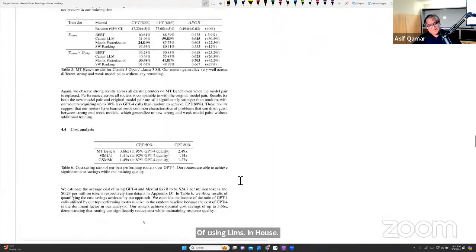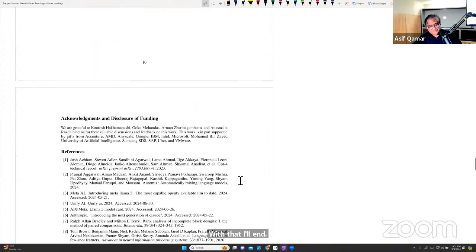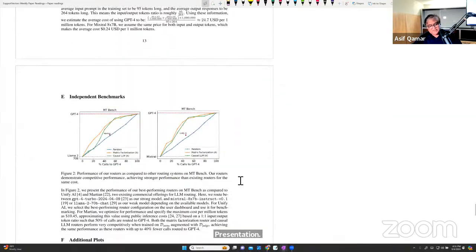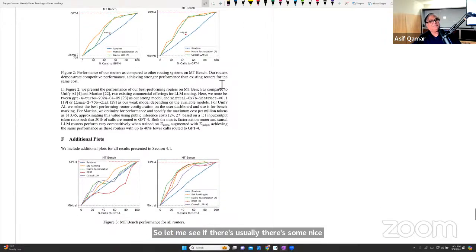So with that, I'll end the formal part of the presentation. So let me see if there's some nice things to say. These kinds of curves always remind me of the ROC curve, or area under the ROC curve.